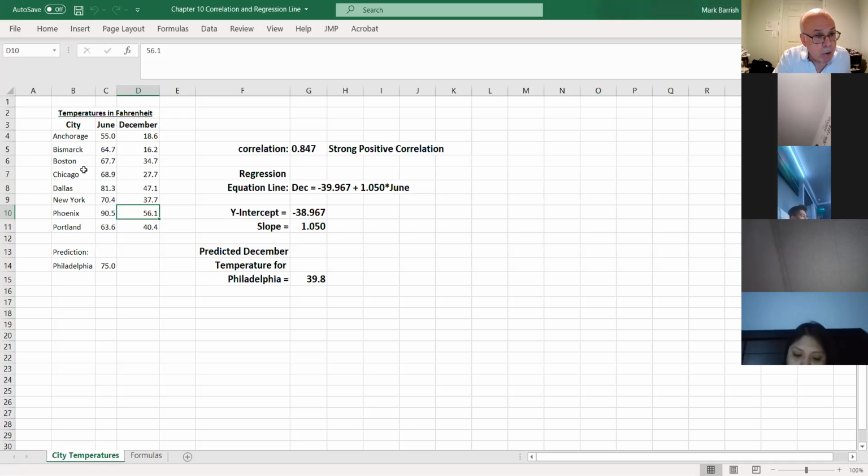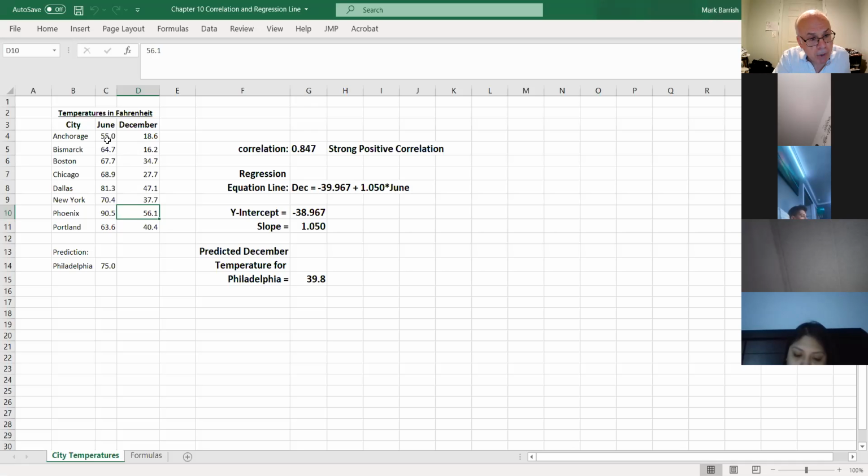What we're doing is looking at a particular year, at the average temperatures in Fahrenheit in June and in December. The June temperatures are considered the X, or independent variable. What does that mean? It means that we're using these temperatures to predict the December temperature. So this is the X.